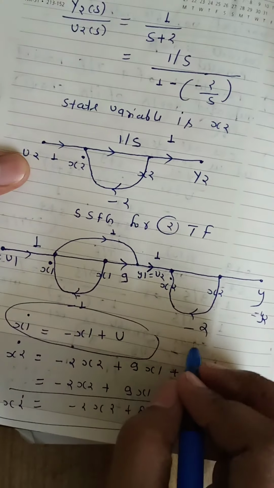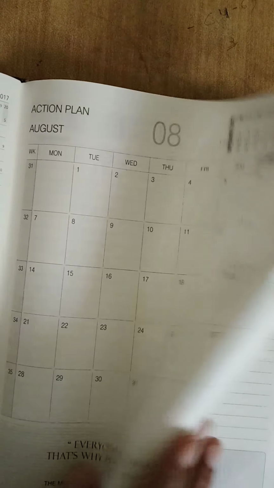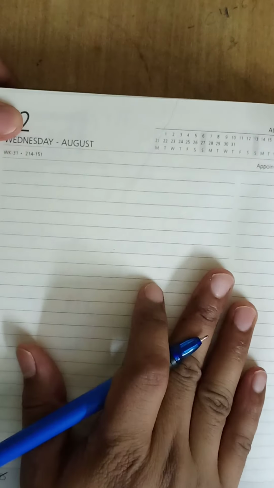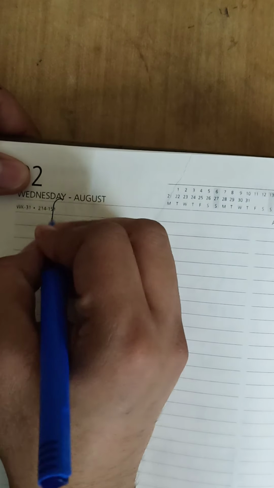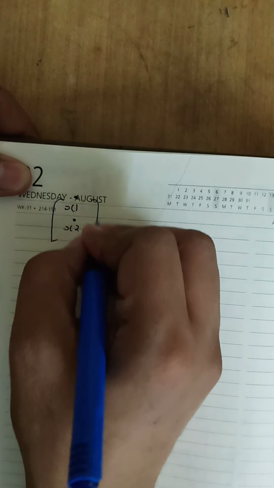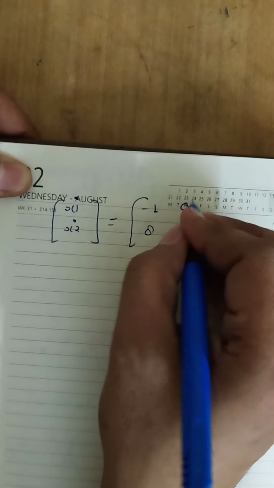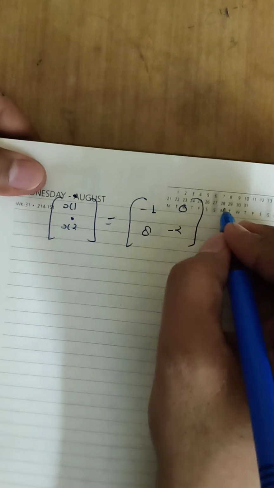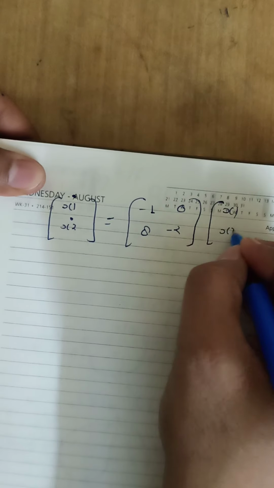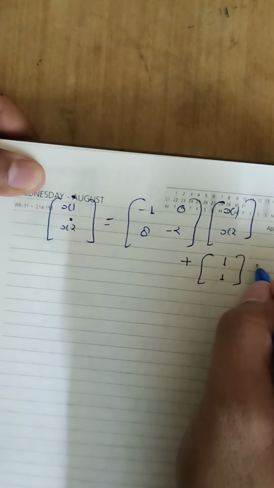So with the help of the first and second, we can write them in matrix form: [x1 dot; x2 dot] equal to [minus 1, 0; 8, minus 2] [x1; x2] plus [1; 1] u.